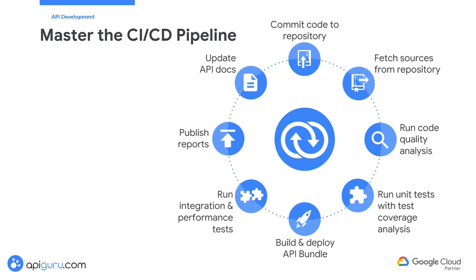Automation and quality are fundamental principles of agile transformation, and few practices exemplify this better than establishing a continuous integration and continuous deployment pipeline. The primary goal of CI/CD is to avoid integration conflicts, where multiple developers try to integrate large pieces of code late in the project, leading to chaos and delays. To prevent such issues, the cycle illustrated highlights the process from code check-in to testing, deployment of the API bundle, and updating API documentation.